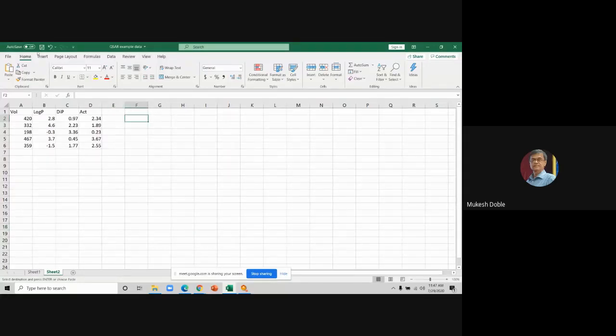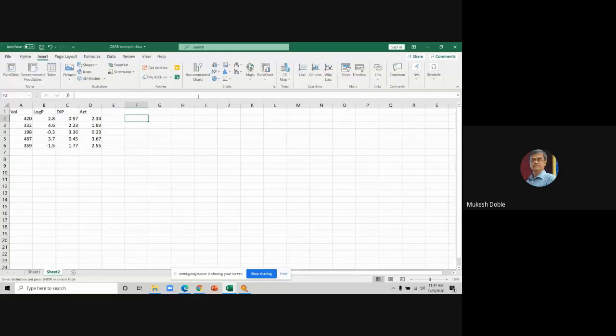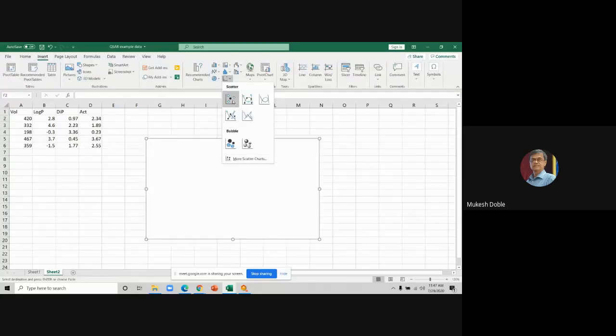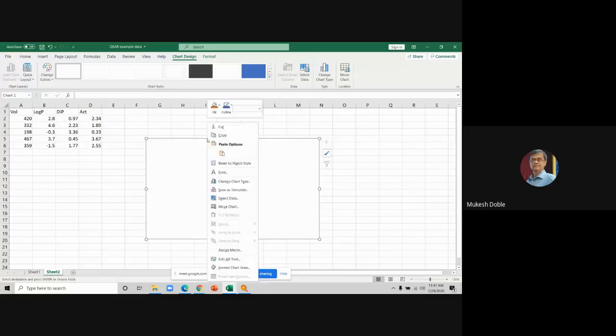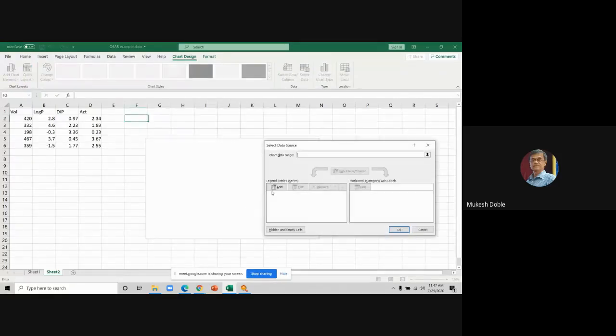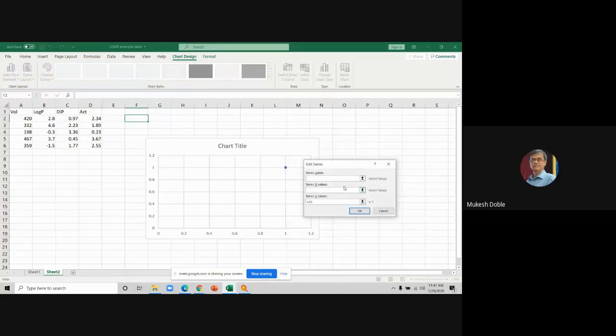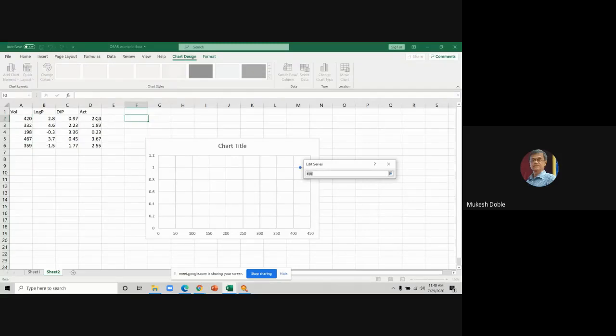So what do we do? Insert, data points. Select data, add X value. So here I'm not taking all 5. I'm taking only the 4. See this, only the 4.